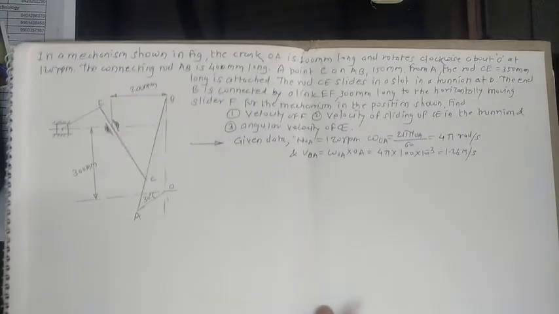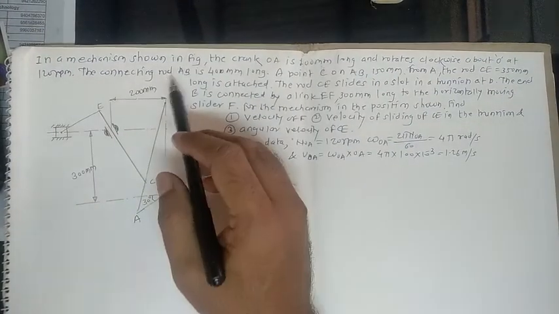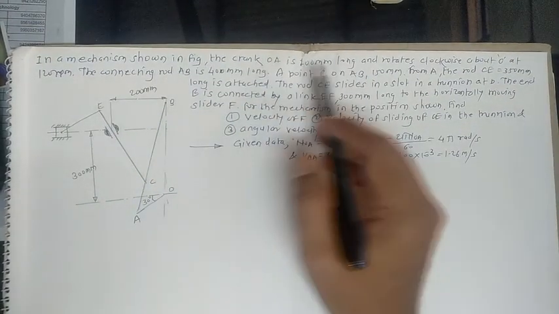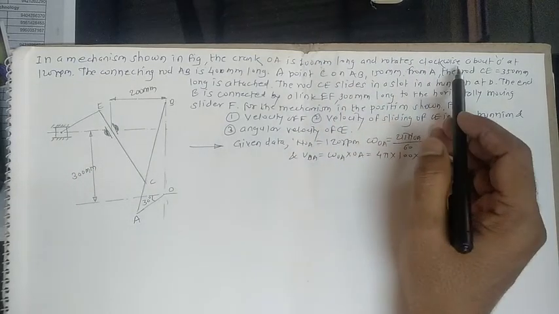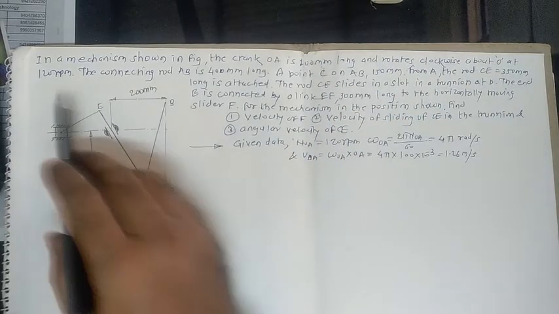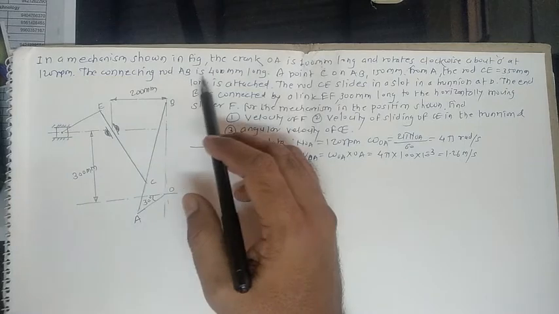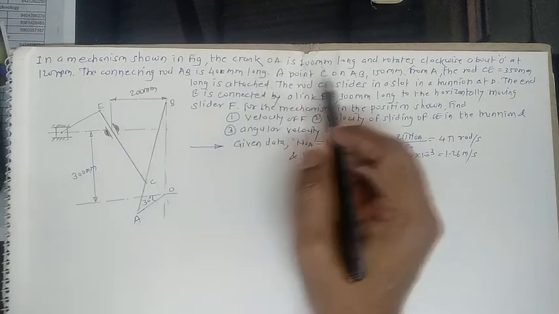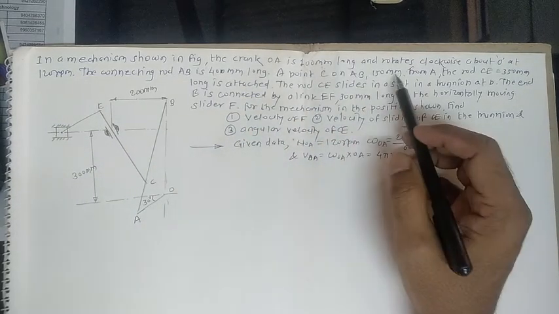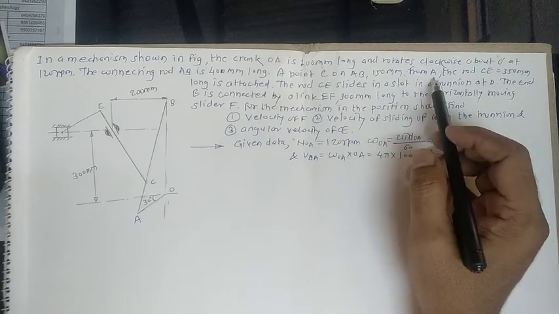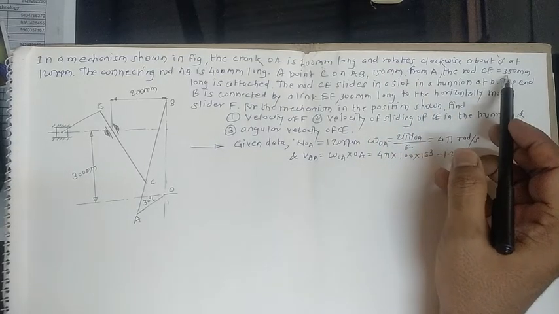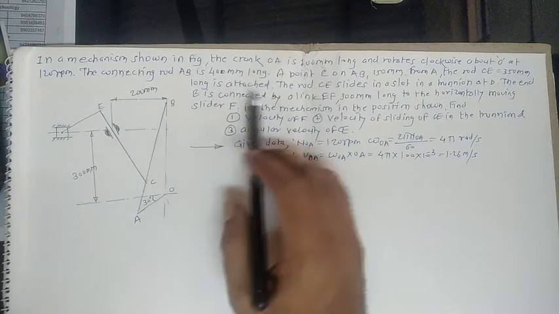So here is the problem. A mechanism as shown in figure, the crank OA is 100 mm long and rotates clockwise about O at 120 rpm. The connecting rod AB is 400 mm long. A point C on the AB 150 mm from A, the rod CE equals to 350 mm long is attached.